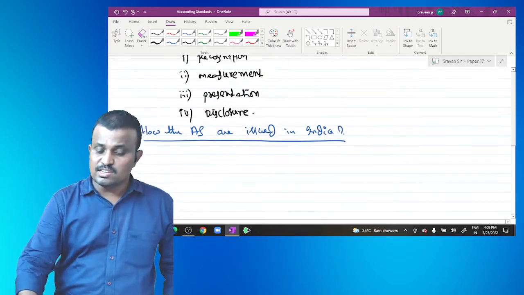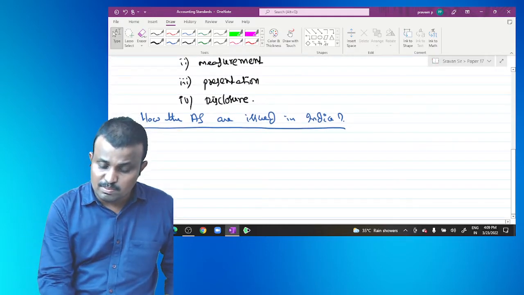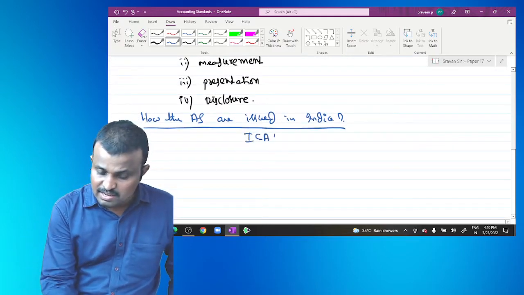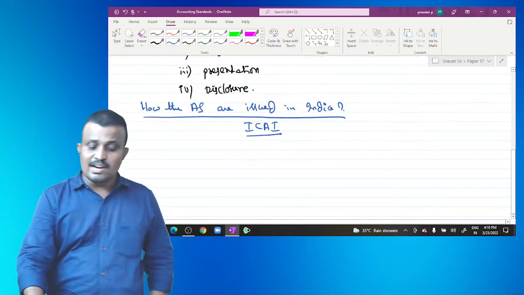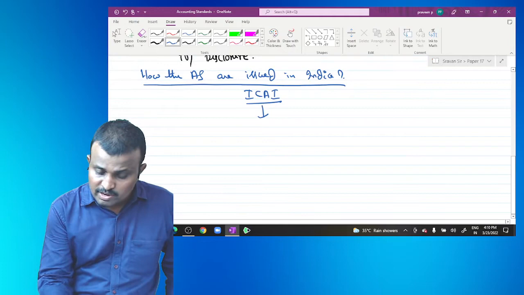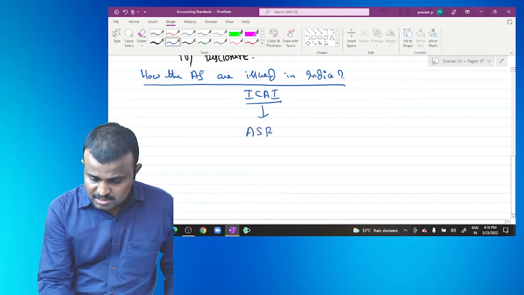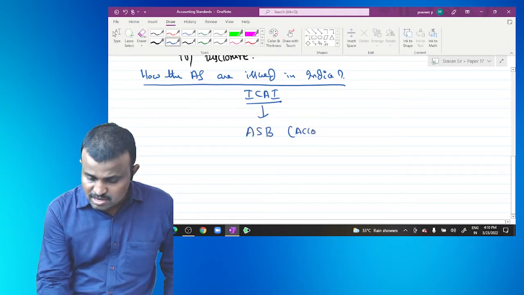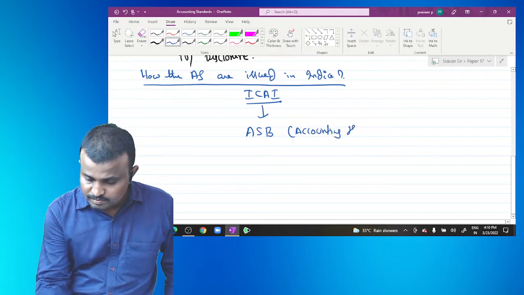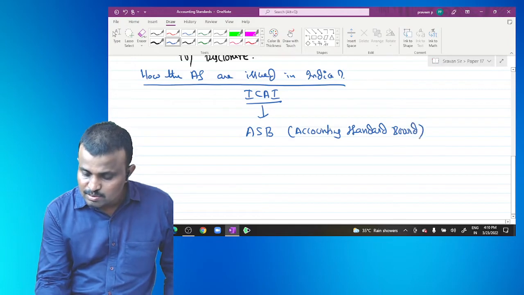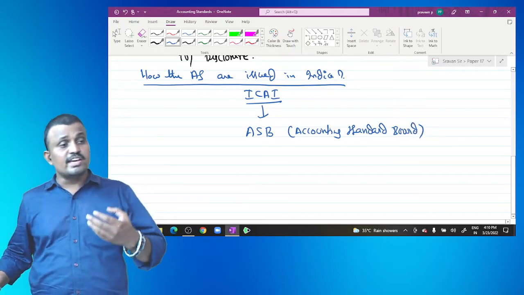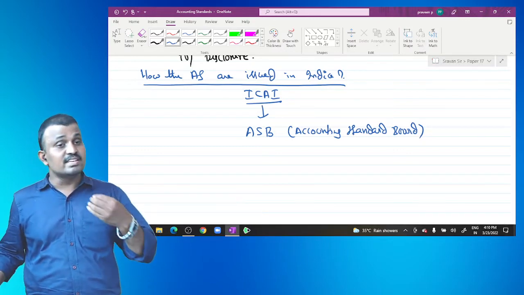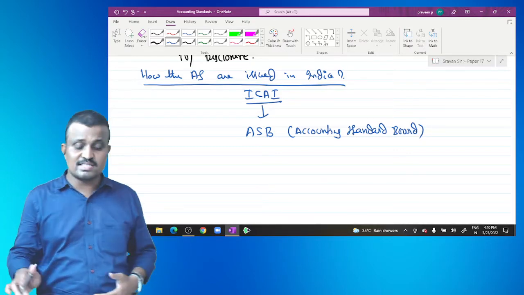Accounting standards are framed by ICAI, the Institute of Chartered Accountants of India, and it established one body to frame the accounting standards, the ASB, Accounting Standards Board.